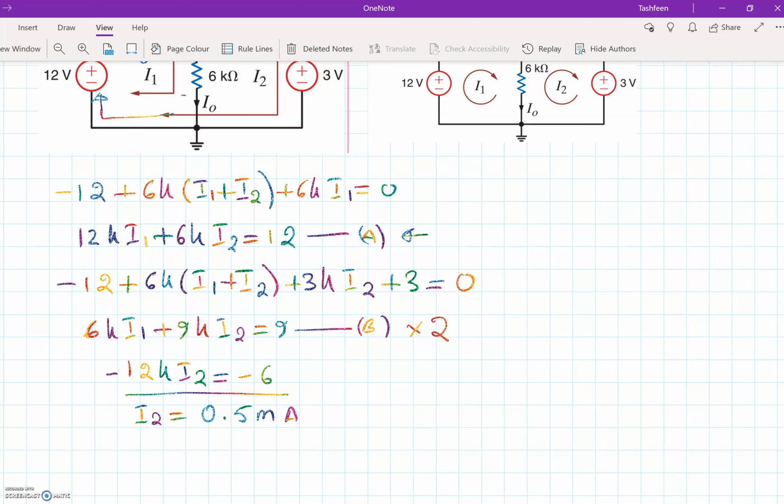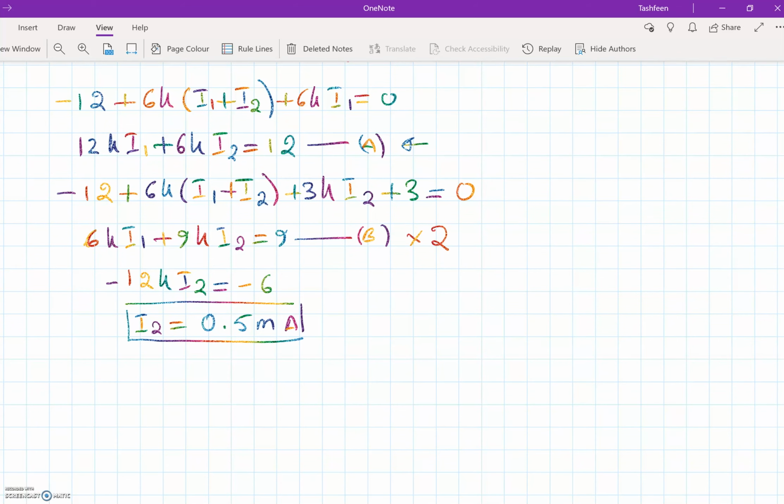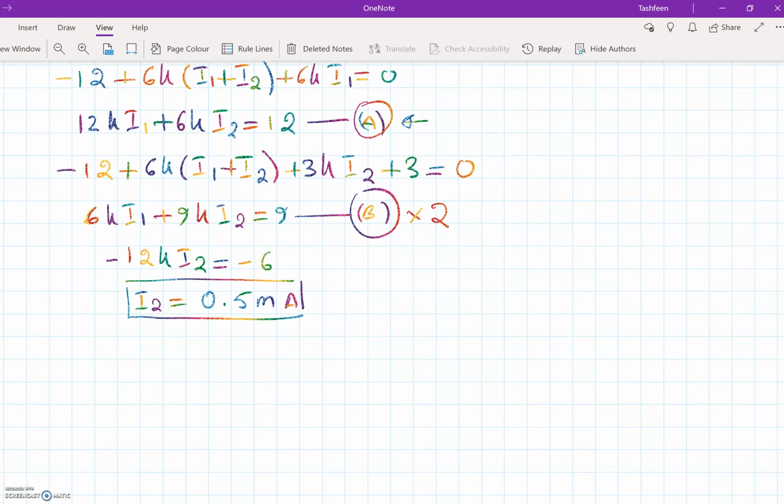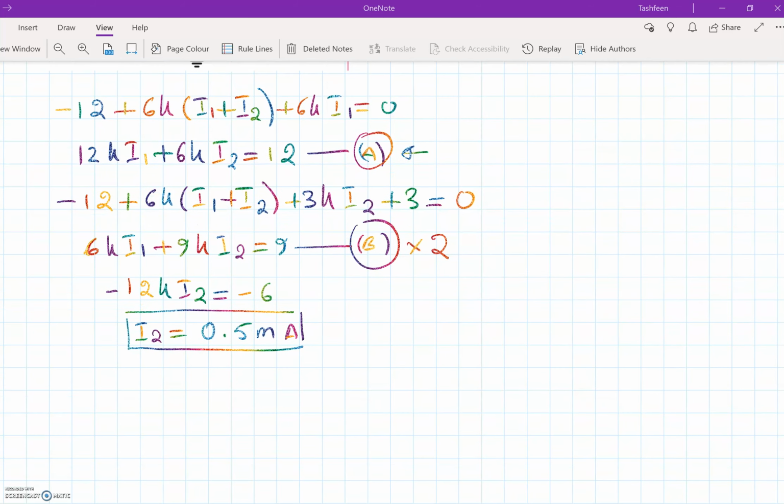So I can just highlight it. If I have found I2, I can substitute this one in either equation A or equation B, and I can get the value of I1. So I'll substitute the value of I2 into this B equation.